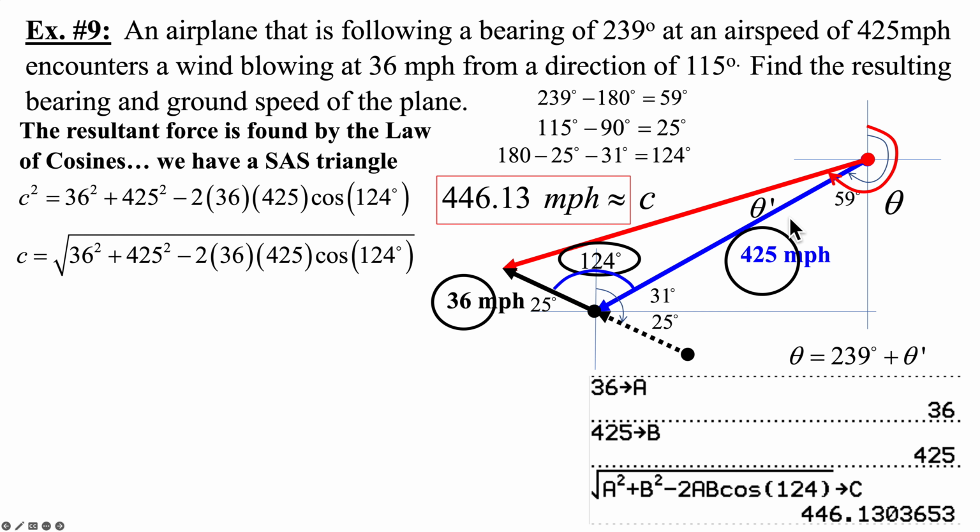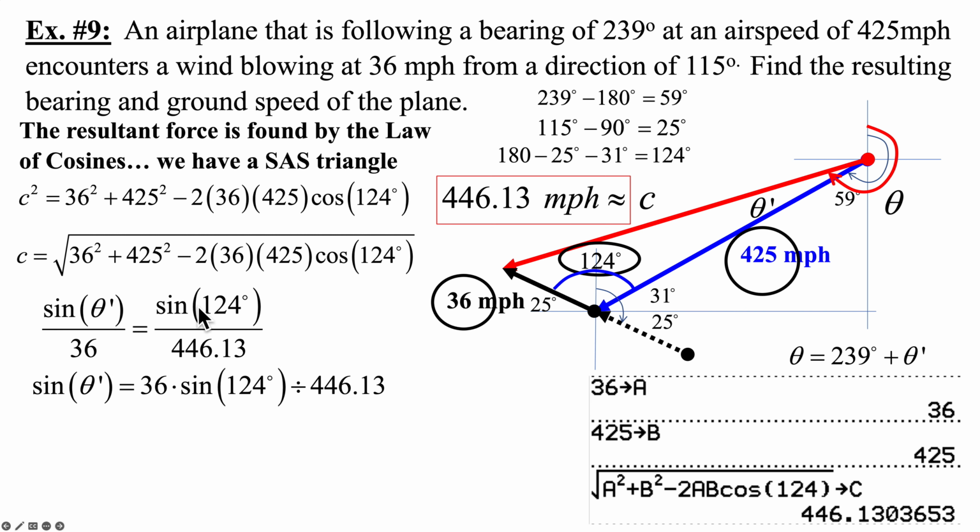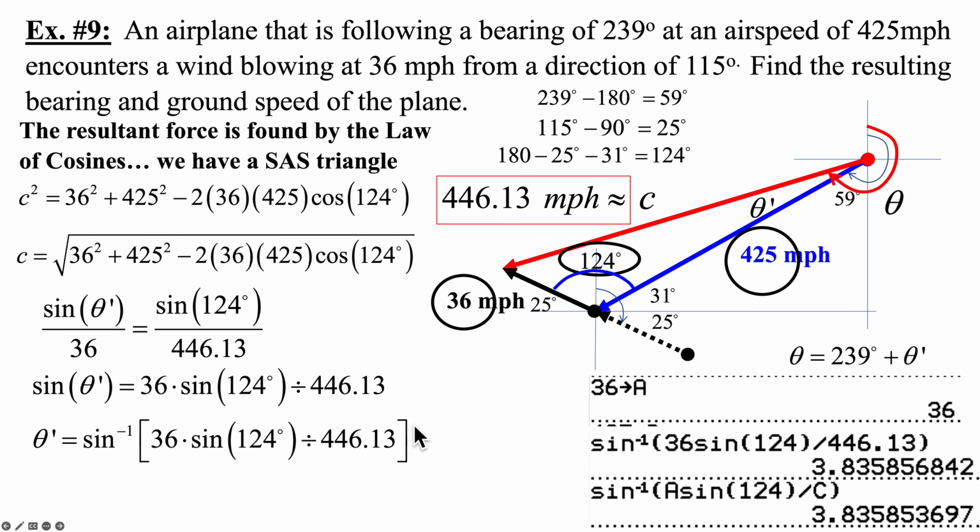To find our new bearing, we've got to find theta prime. So sine of theta prime over 36 equals the sine of 124 over our new c value of 446.13. So we cross multiply: 36 times the sine of 124 degrees divided by 446.13. We'll take the inverse sine of that statement and go to our calculator.